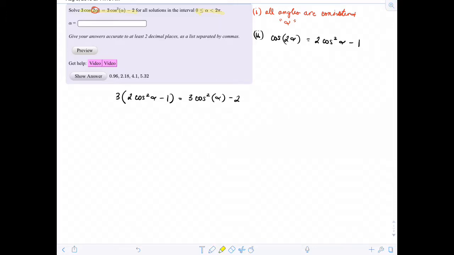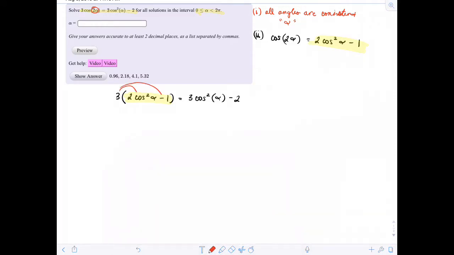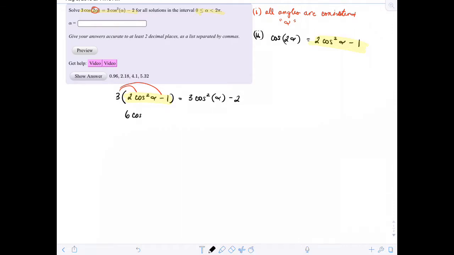Now just be careful and notice that I just replaced the double angle with the identity we found on the other page. You have to distribute the 3, don't forget the coefficient, and we get 6 cosine squared alpha minus 3 equal to 3 cosine squared alpha minus 2.